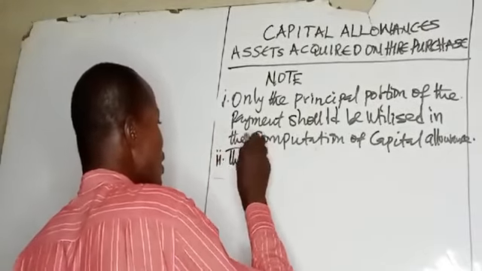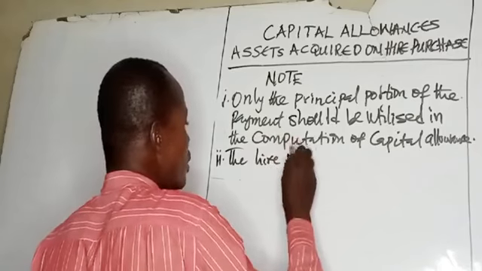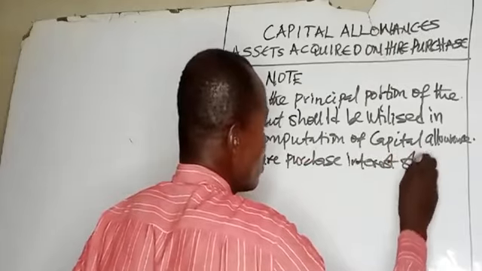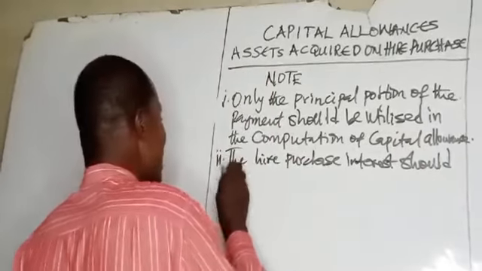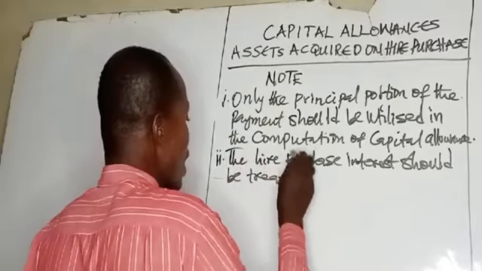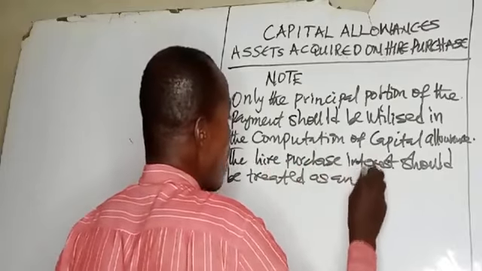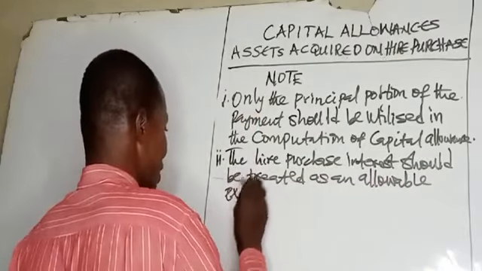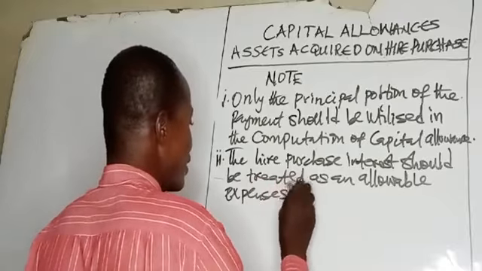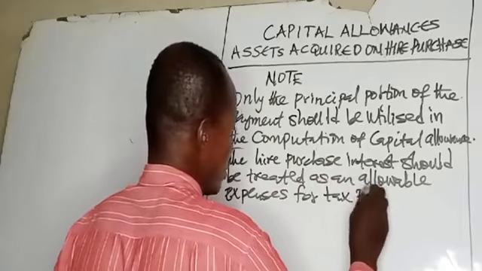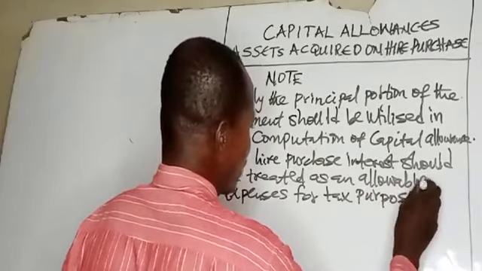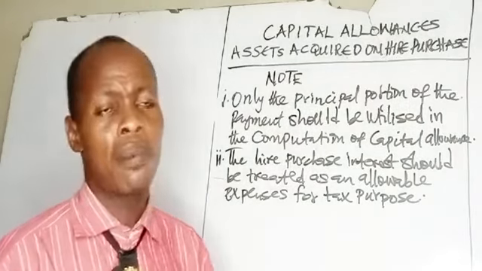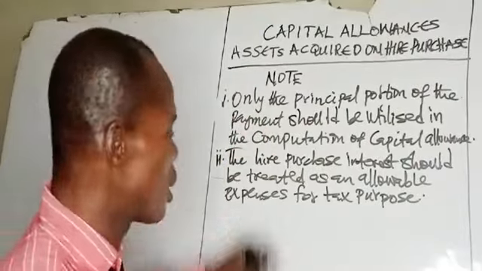The hire purchase interest should be treated as an allowable expense for tax purpose. So you should take note of this.